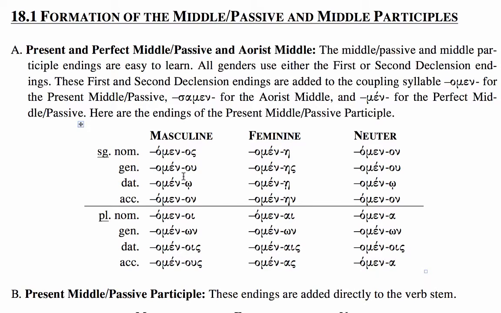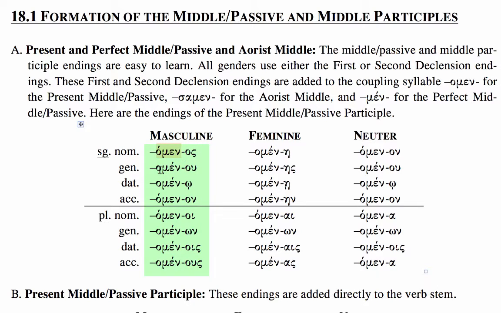participles. These participles are easy to form and parse. Basically, they use the first and second declension endings. These are 2-1-2 adjective formations. The masculine and neuter use the second declension, and the feminine uses the first declension. You have a coupling syllable, which is really big. For the present middle passive, it's omen.